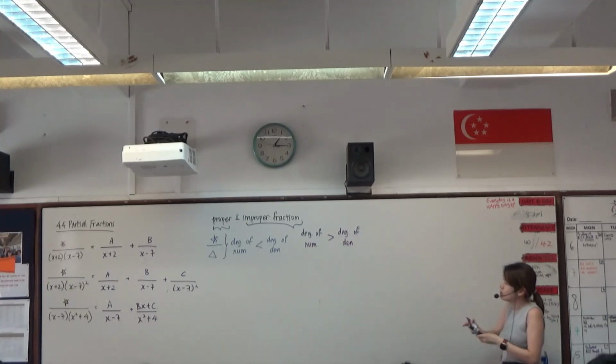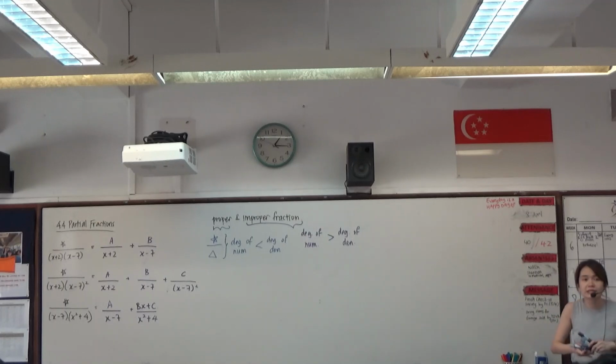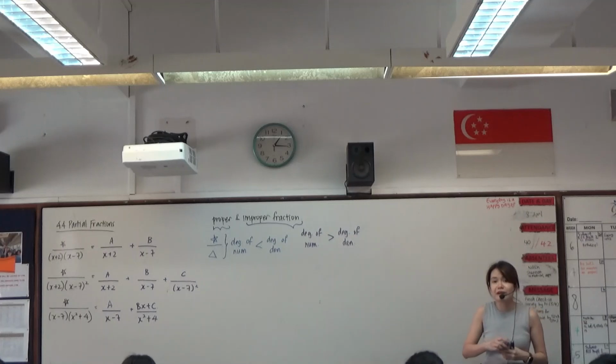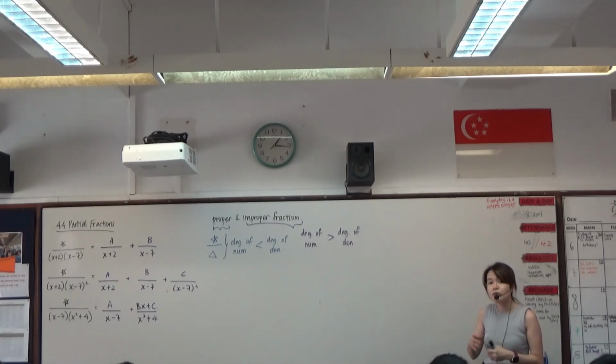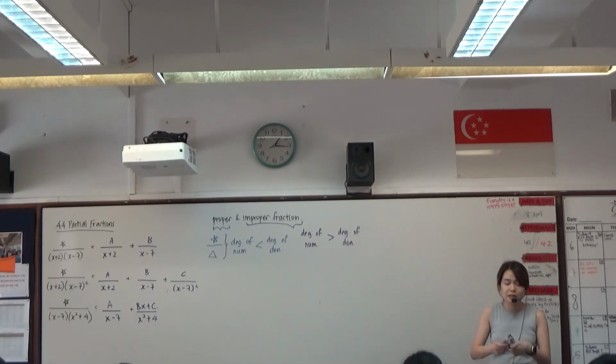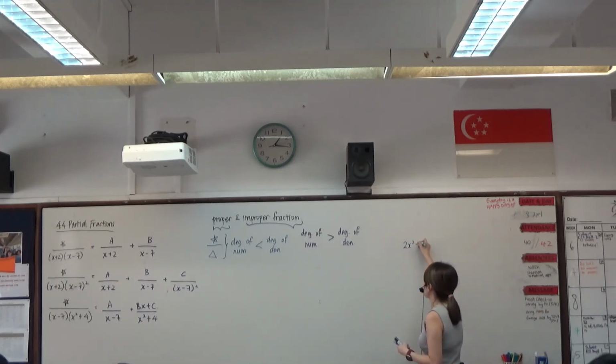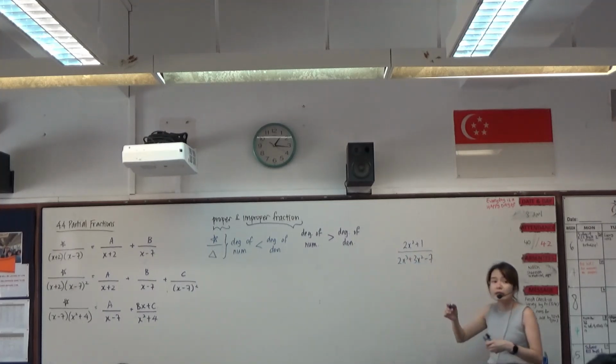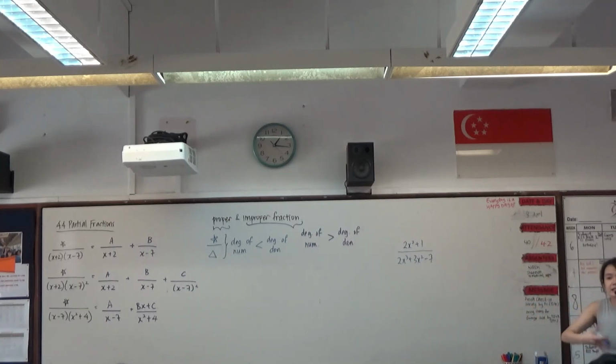So somebody asked me that day, why cannot just substitute in numbers and then check what is the value and what's the outcome of it? Okay, substituting values into your algebraic fraction is only for a very specific example. It is not generic, it's not for every single value. So you cannot just randomly choose a number, let's say maybe 2x squared plus 1 over 2x cubed plus 3x squared minus 7, for example, and put in a number and see what is the outcome.